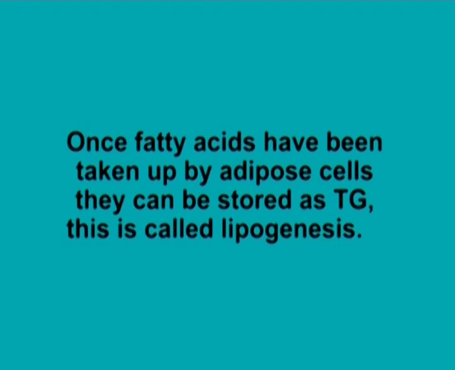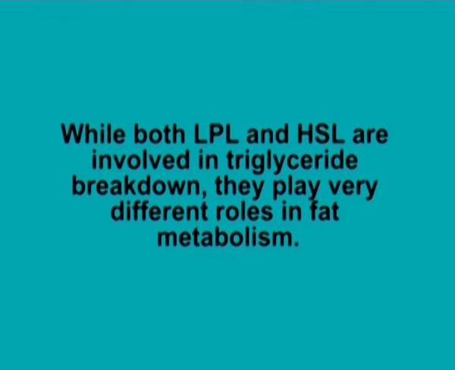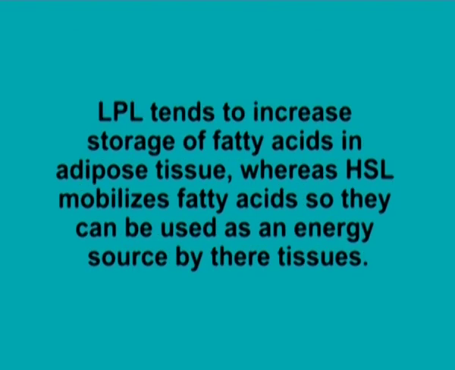This is called lipogenesis. While both LPL and HSL are involved in triglyceride breakdown, they play very different roles in fat metabolism. LPL tends to increase storage of fatty acids in adipose tissue, whereas HSL mobilizes fatty acids so they can be used as an energy source by the tissue.